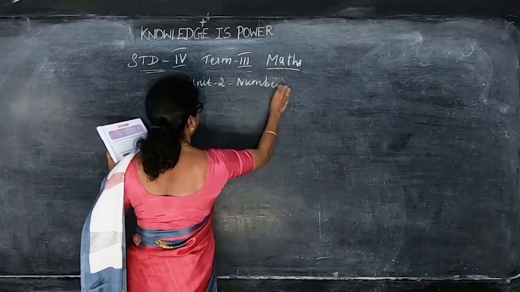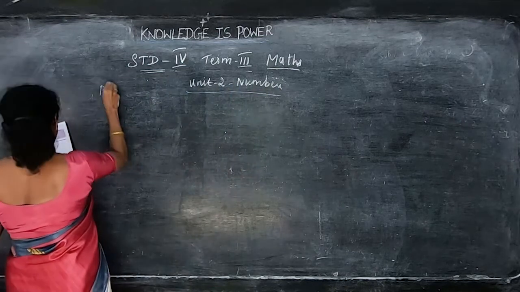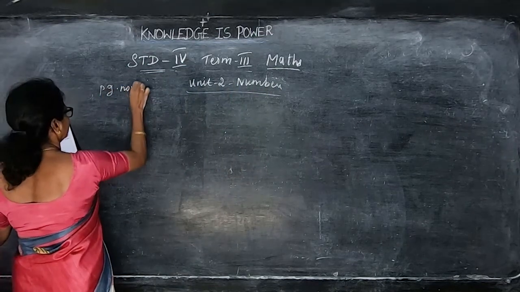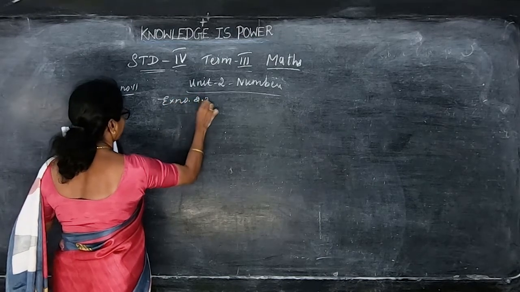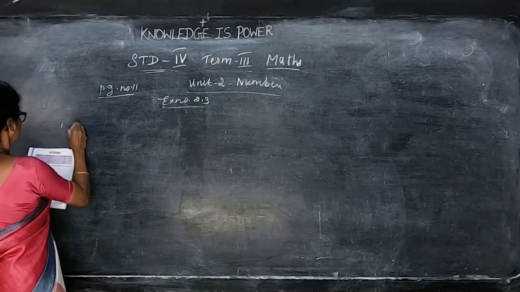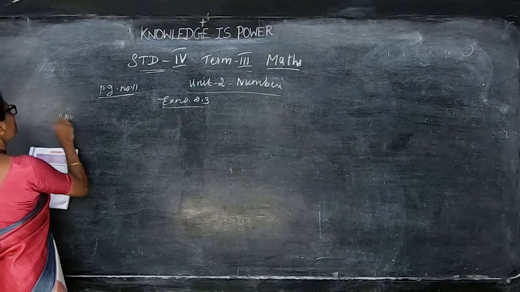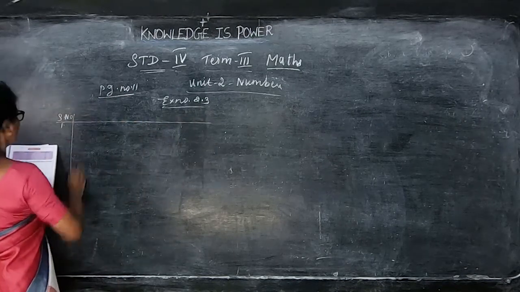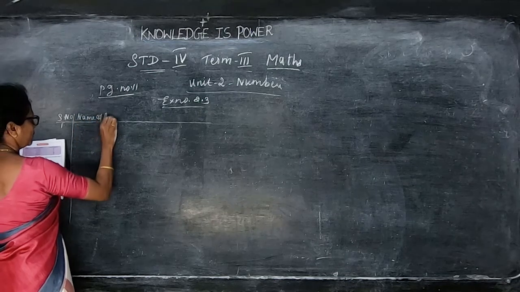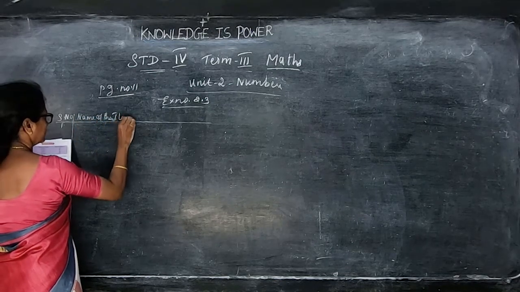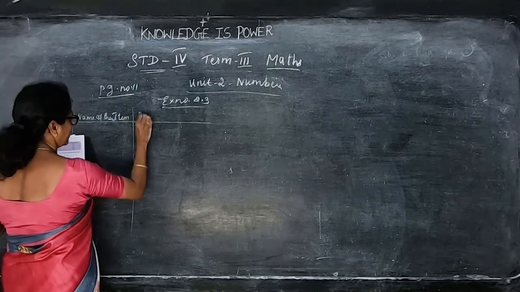So same only. Page number 11. Exercise number 2.3. Here they have given serial number. Then name of the item. Then price per kg.